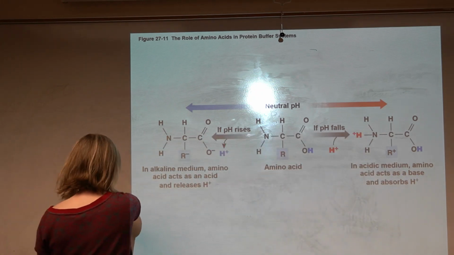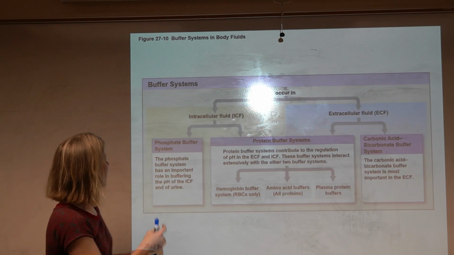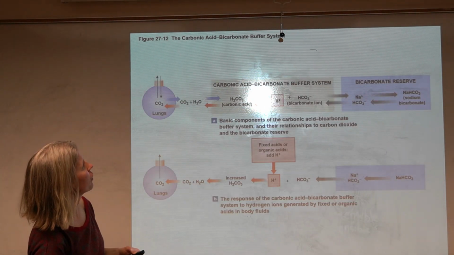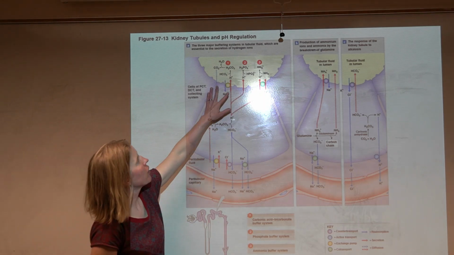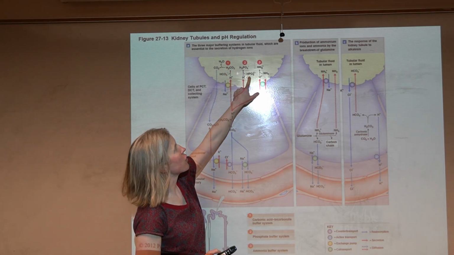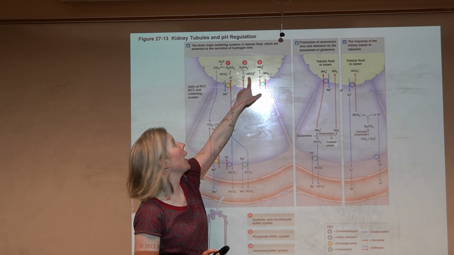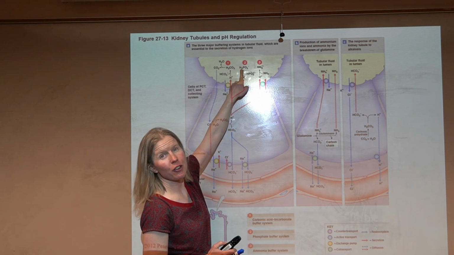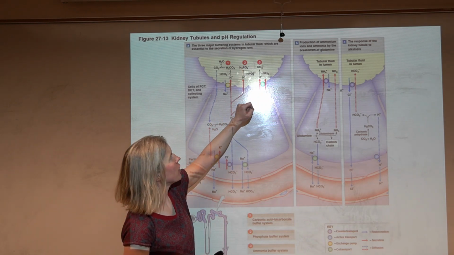Now there are a couple others, so they kind of fall in line with this phosphate buffer system. Actually, let me show you. So this is actually showing you that phosphate buffering system. There's two different versions of phosphate. One's a monohydrogen, one's a dihydrogen, right? So this is willing to take that hydrogen, right, and buffer it.